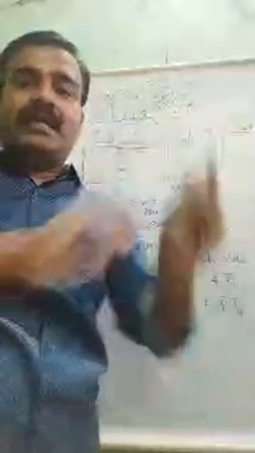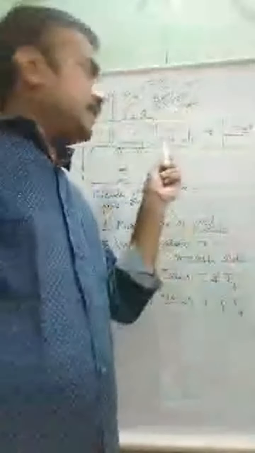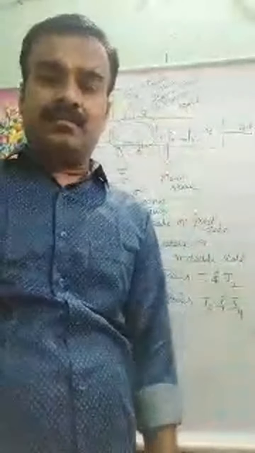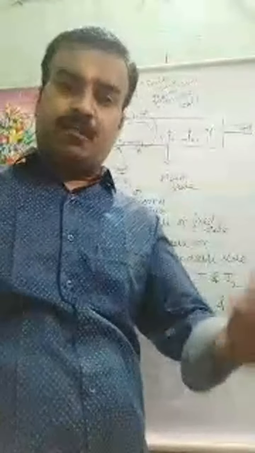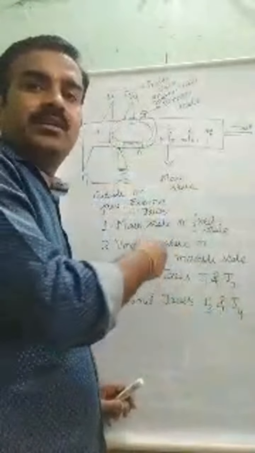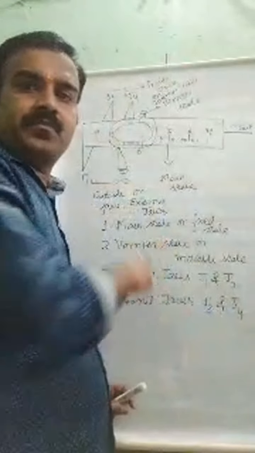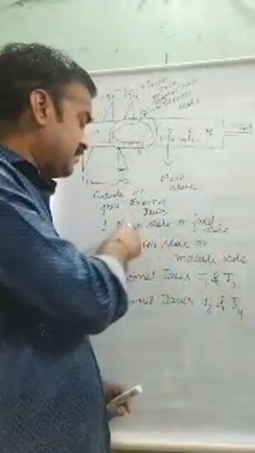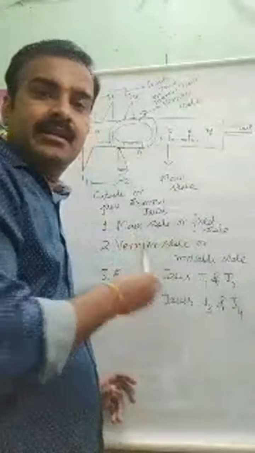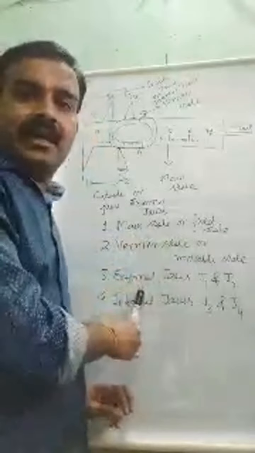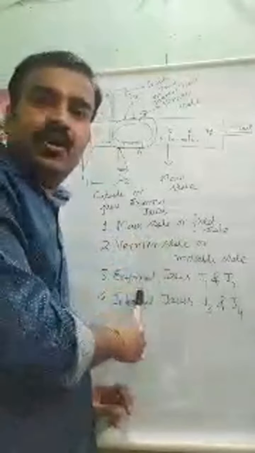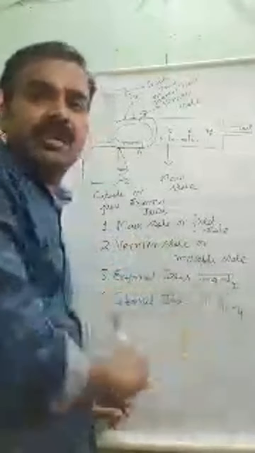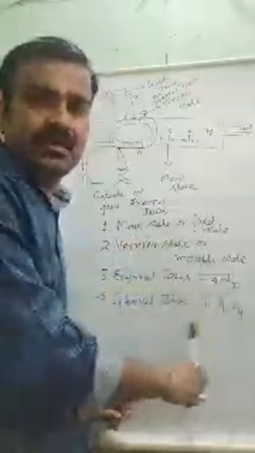Once it touches, you can easily find the main scale reading and Vernier scale reading. I will explain it afterward, but right now try to understand the major parts: main scale or fixed scale, then Vernier scale, then external jaws J1, J2, internal jaws J3, J4.